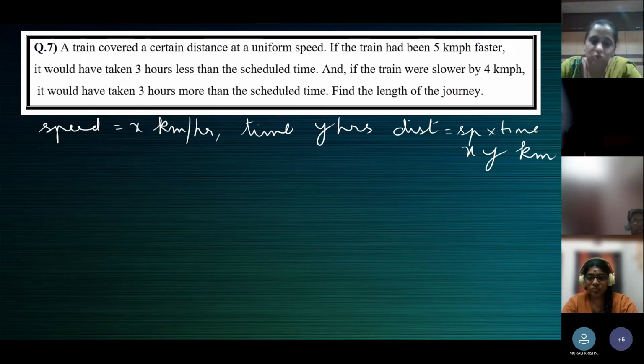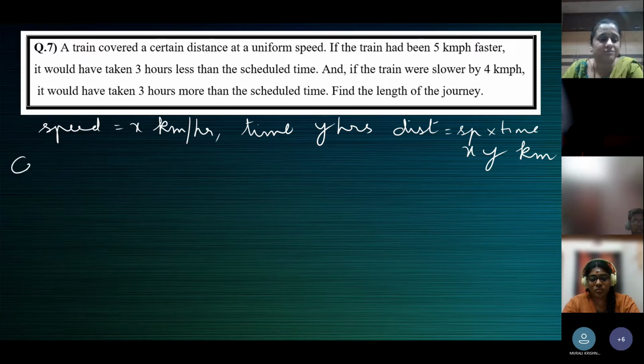The length of the journey is speed into time, x into y kilometers. This is the assumption. Though we have to find the length of the journey, don't assume the length of the journey. Assume speed and time and find the length of the journey like this, xy kilometers.